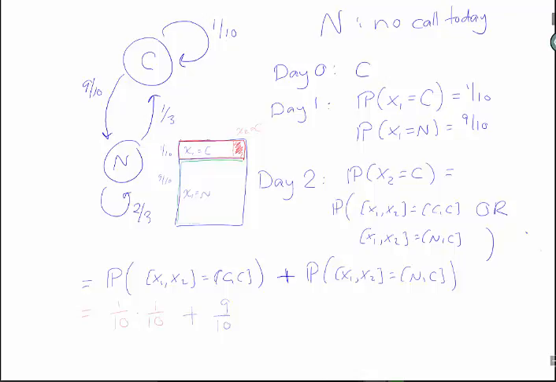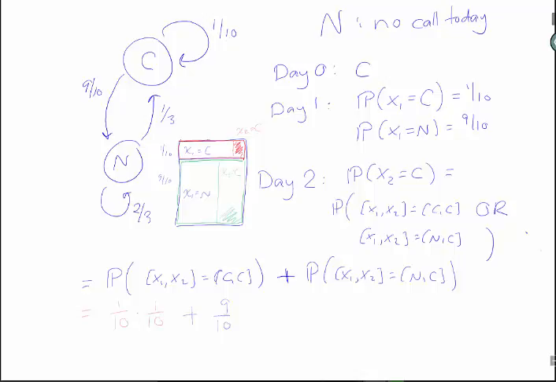These are the ones where I didn't call on day 1. Of these, how many of them had me calling on day 2? Well, if I don't call on day 1, odds are 1 in 3 I'm going to call the next day. So 1/3 of these, in addition to having me not call on day 1, have me call on day 2.